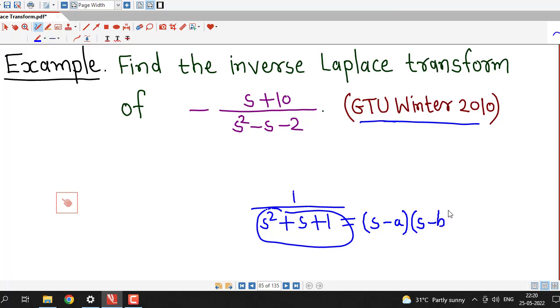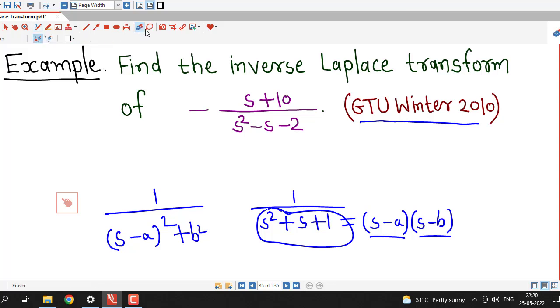I cannot factorize this quadratic factor into linear factors. If I have this type of quadratic factor, then we can use the first shifting theorem. We can write this quadratic factor in the form s minus a square plus square of some other constant, and then we use the formula for the first shifting theorem.